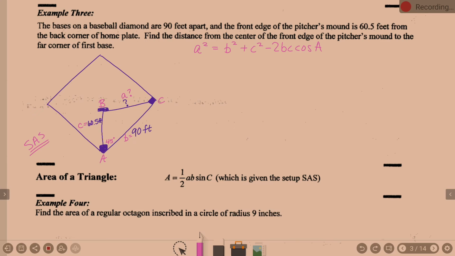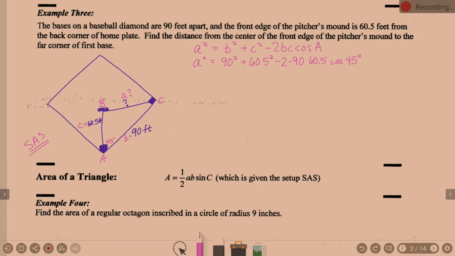Do some math. I'll plug some numbers in. A squared equals 90 squared, not 90 degrees, plus C squared, 60.5 squared, minus 2 times 90 times 60.5 times cosine of 45 degrees.